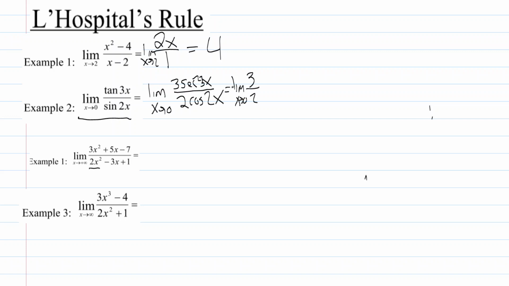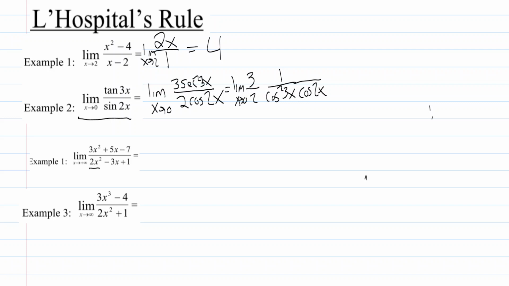So 3/2, and then secant squared of 3x, well, that's just 1 over cosine squared of 3x, because secant is 1 over cosine. So really I have a 1 over cosine squared of 3x times cosine of 2x. And I'm going to plug in 0 now.